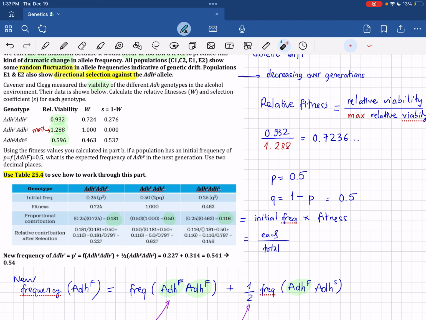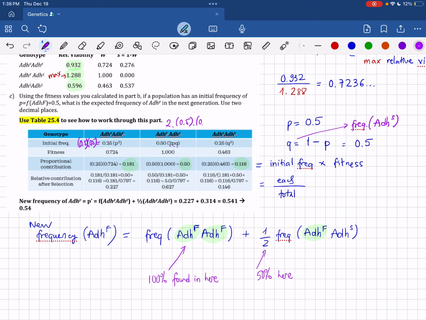And this one is 2pq, which means 2 times 0.5 times 0.5. And this one is q squared, so it's just 0.5 squared, and that's it. So we are done with the first line here.